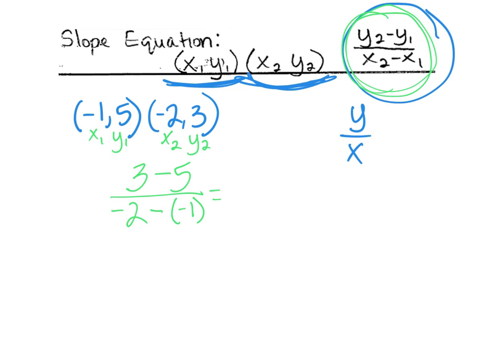Write this down. 3 minus 5, that's my y's, how my y changes. And then -2 minus -1. Here we go. -2 over, remember this is plus sign, right? -2 plus 1, -1. Simplify the fraction. 2 over 1, or since it's just 2 over 1, you can just say 2. My slope is 2. You're subtracting the y's, you're subtracting the x's.